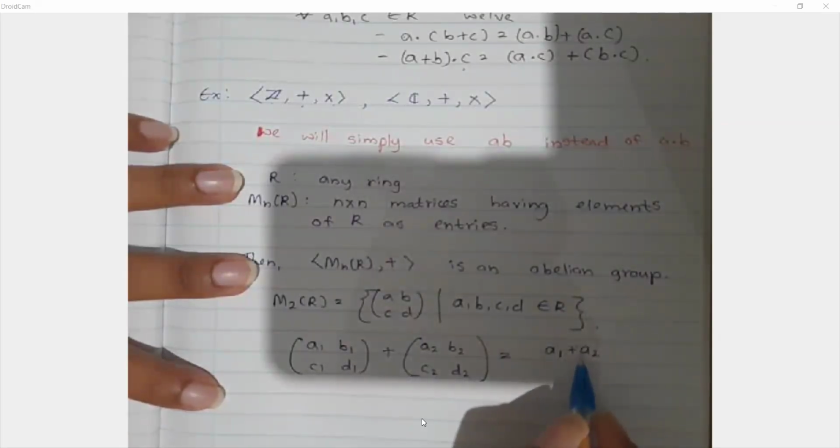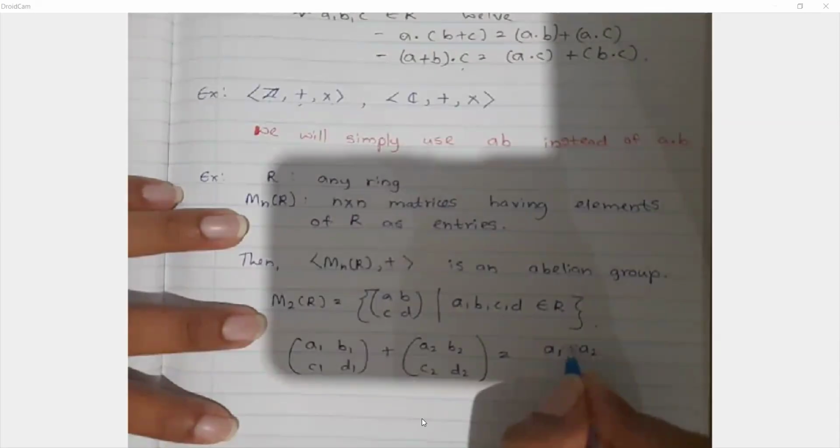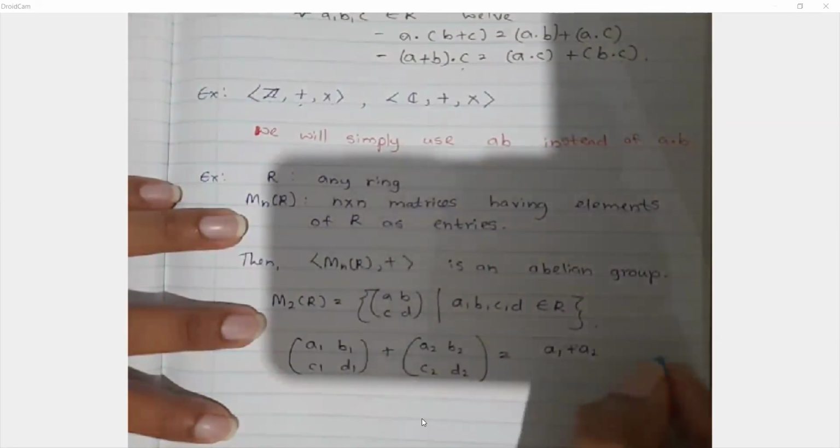This plus would refer to the addition defined over R. It would not be the same addition that we are used to over integers, over reals. It could be maybe addition in Zn, where we consider the addition to be addition modulo n, right? So you have to be careful. This addition between these two elements would refer to the addition that's defined on R.